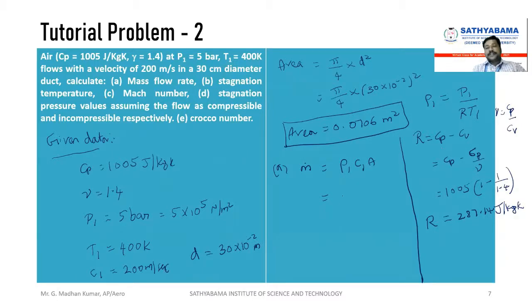That is rho1 C1 A, that is P1 C1 A divided by R T1. We just substitute all the values. P1 is 5 into 10 to the power of 5, and then C1 is 200 meters per second, and the area is 0.0706, divided by R, which is 287.14, multiplied by temperature T1, which is 400. So what is the value of mass flow rate?